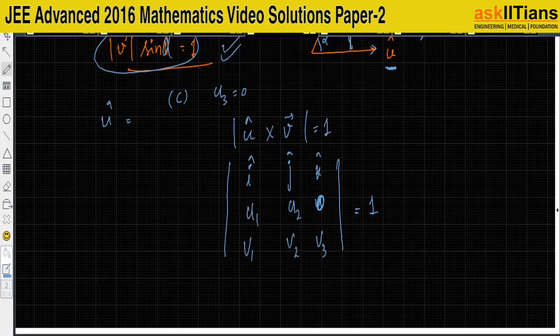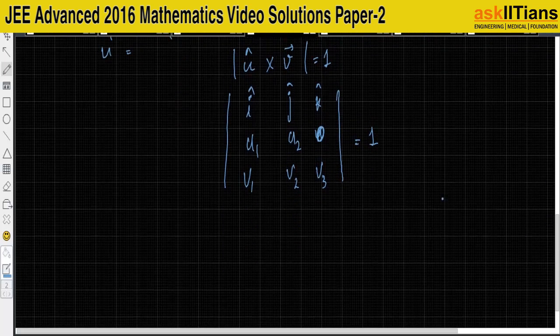This magnitude should be 1. Alright, so let's find out the vector first and compare that with w, right? So u cap cross v is equal to w. Whatever vector comes out from here should be equal to w.